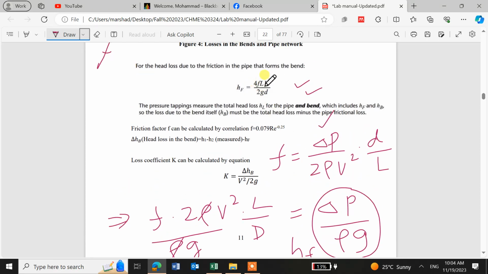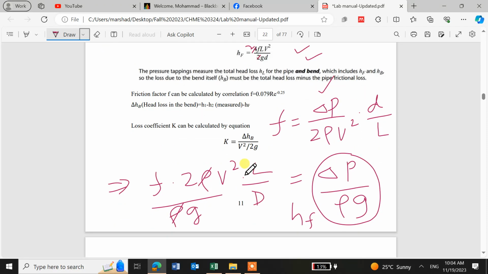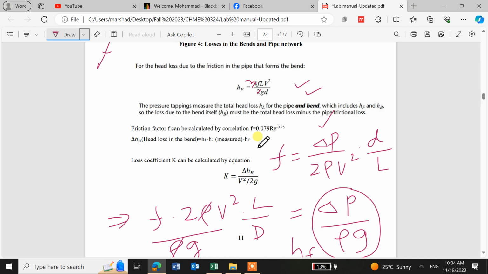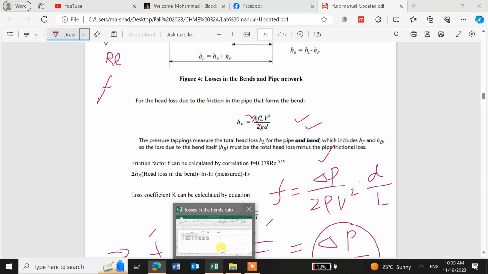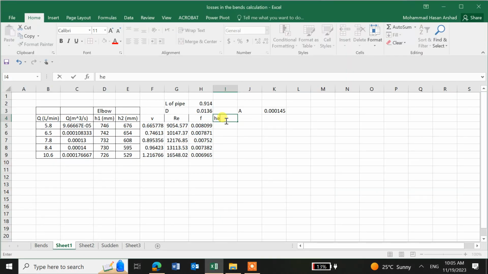So it is 2 L F V square over g D. Okay, so now we can find head loss right away in pipe.